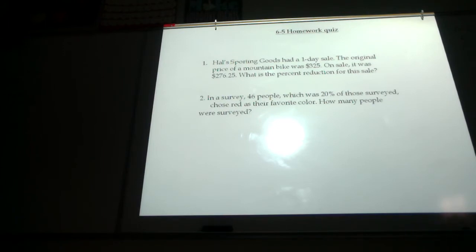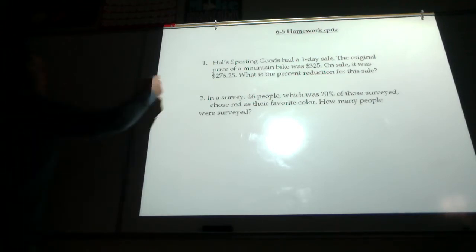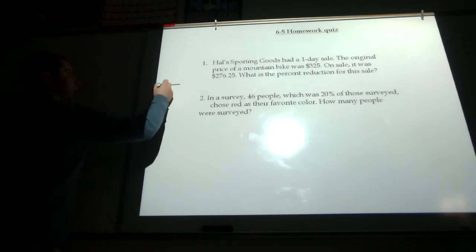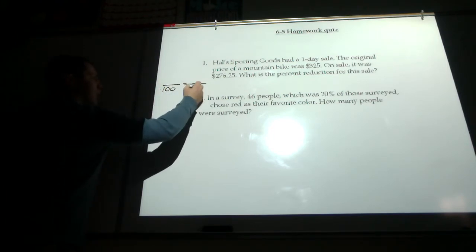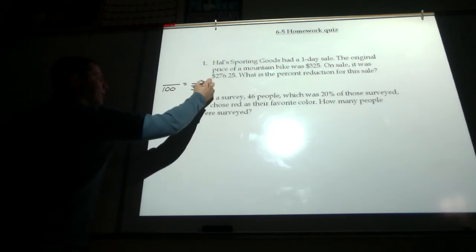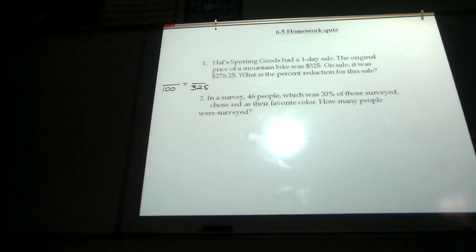$325. Okay. So if we want to find percent, one way that we can do this is we can figure out what number out of 100 is equal to 325. Everybody agree that this is the total here?